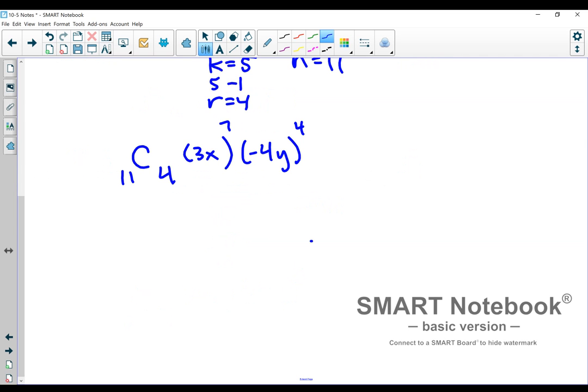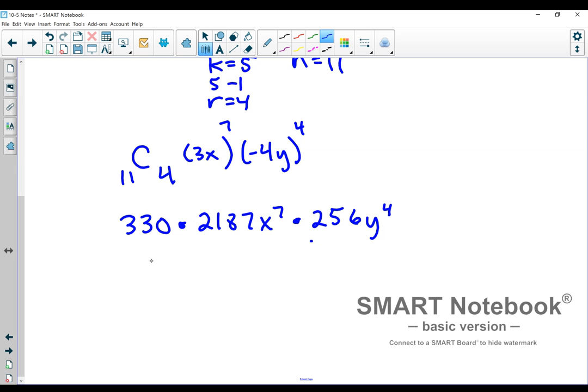So 11C4 on my calculator is 330. And then 3x to the 7th is 2,187 x to the 7th. And then negative 4 to the 4th would be a positive 256. And then we'll have y to the 4th. My last step is to multiply all my constants.